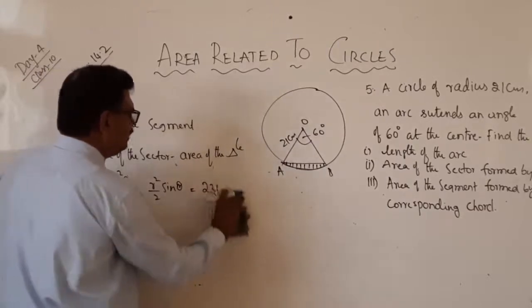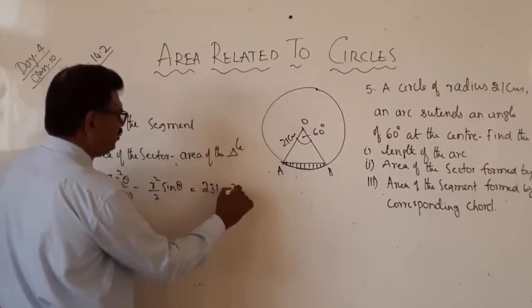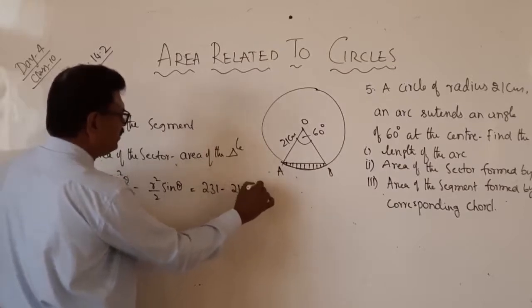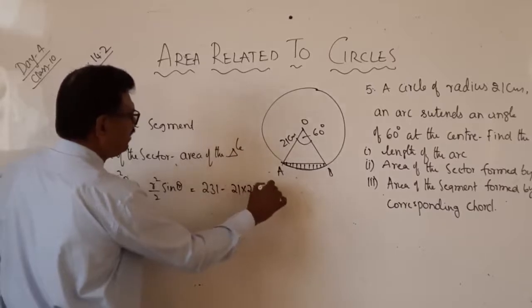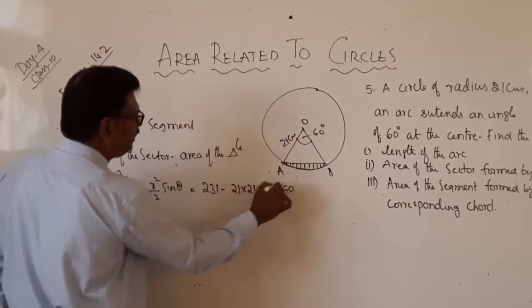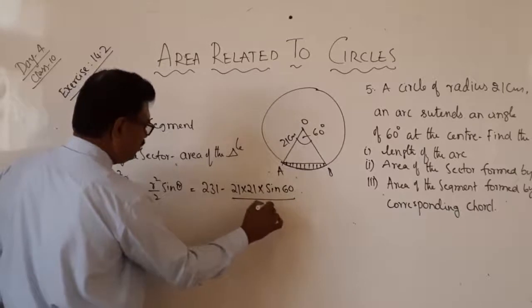how much? 21 into sin theta, sin 60, divided by 2.